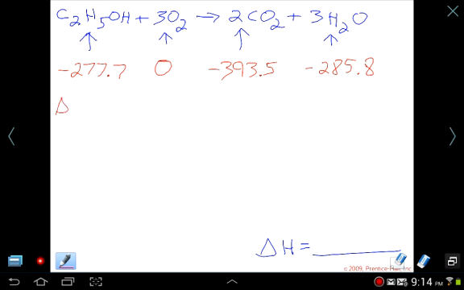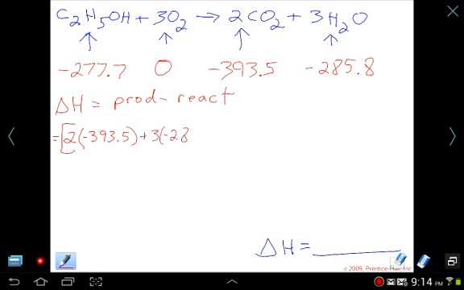Remember, our equation is products minus reactants. And we have to make sure we multiply by the coefficients. So for our products, I'll open a big bracket. We've got 2 carbon dioxides, so 2 multiplied by negative 393.5, plus we get 3 waters, 3 multiplied by negative 285.8.